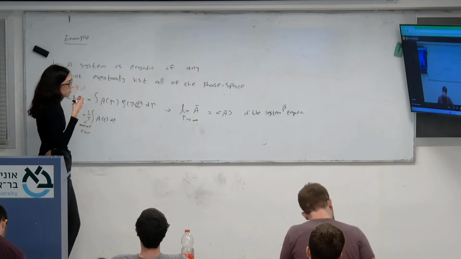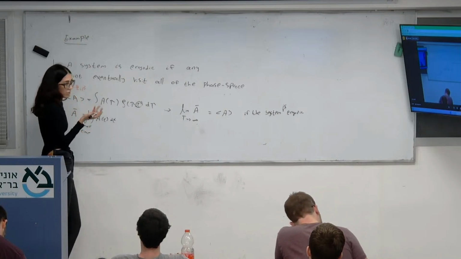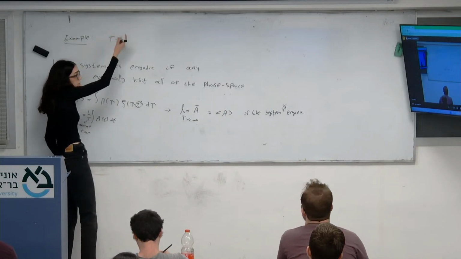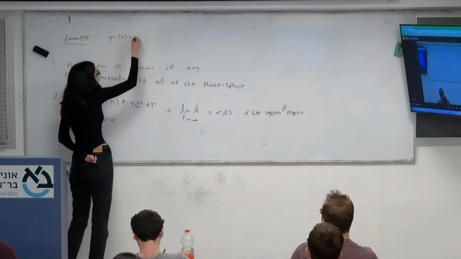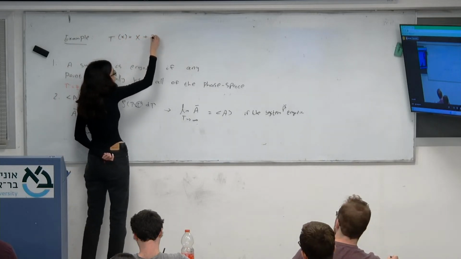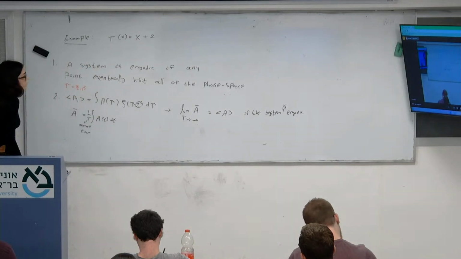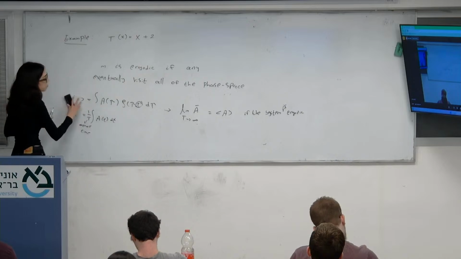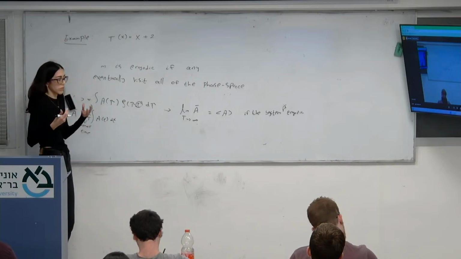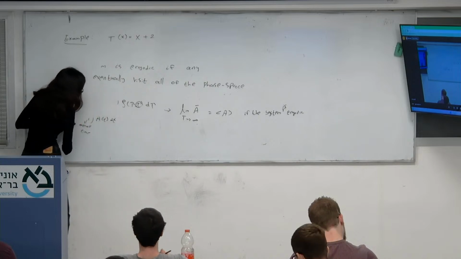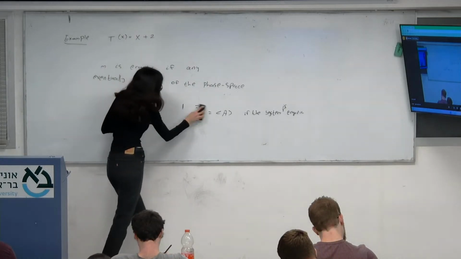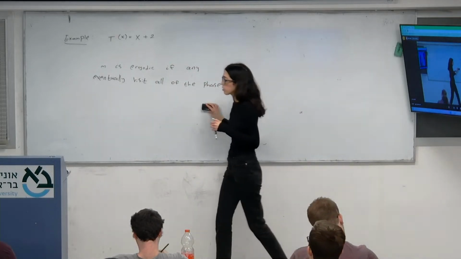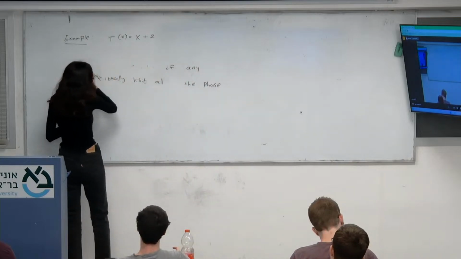So let's look at the transformation T, which takes x and transforms it into x plus 2. This is the evolution of the system that we have. So I want to know if that system is ergodic.